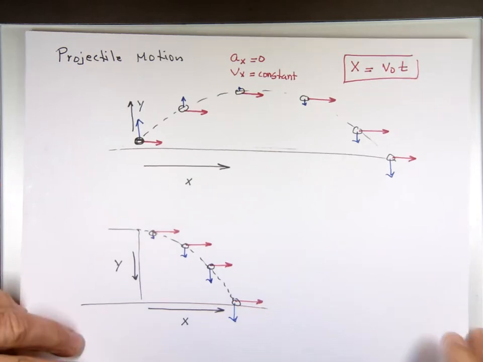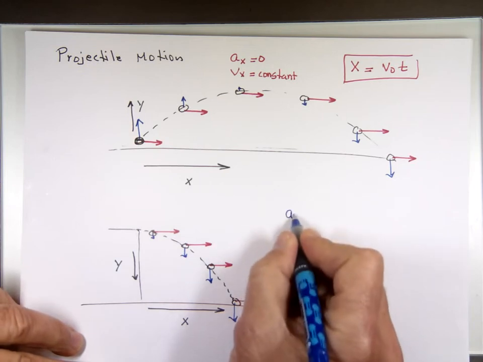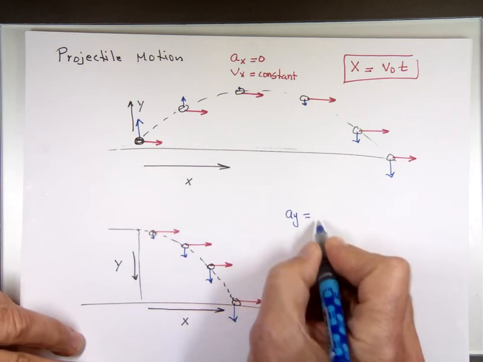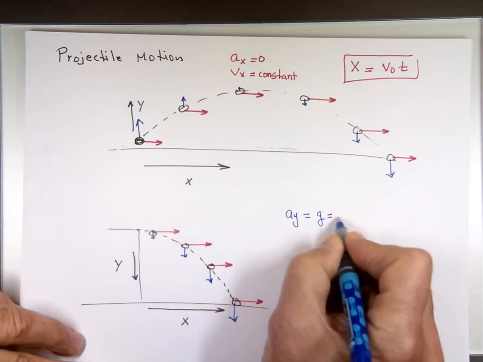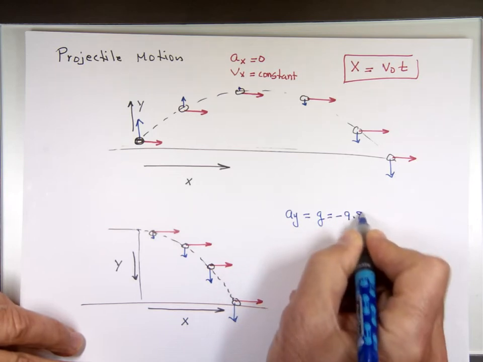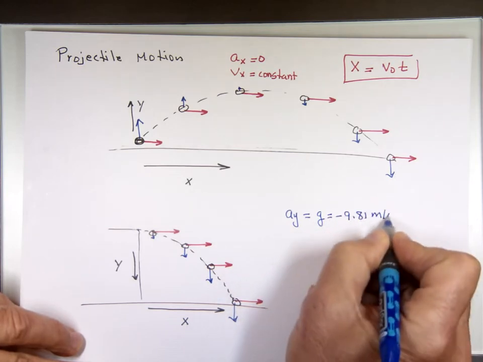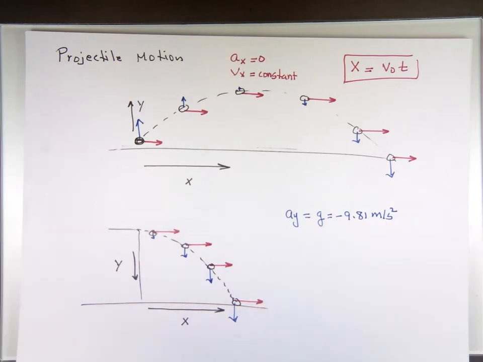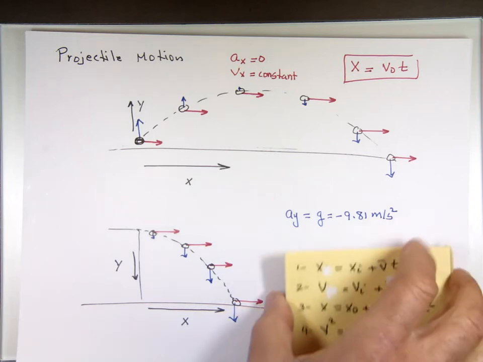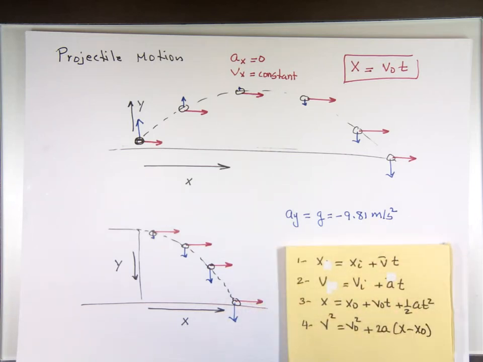In the y direction for a projectile, the acceleration is what? It is gravity, which equals negative 9.81 meters per second squared, in the y direction. And all these four equations will be there.